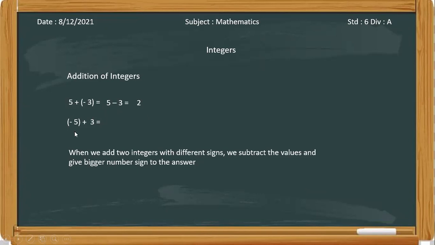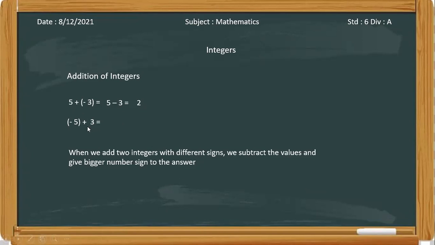Plus. So the rule says, when we add two integers with different signs, we subtract the values and give the bigger number's sign to the answer. Here the bigger number's sign is positive, so the answer will also have a positive sign, which is +2 or only 2.